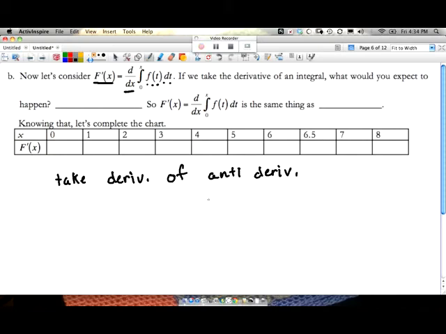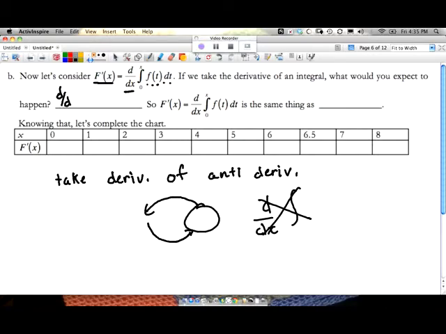What? So it's like I start with a function, I take its antiderivative, but then I take the derivative of that and I get back to where I started. So in other words, I'm expecting that the derivative, d dx, and the antiderivative cancel each other out.